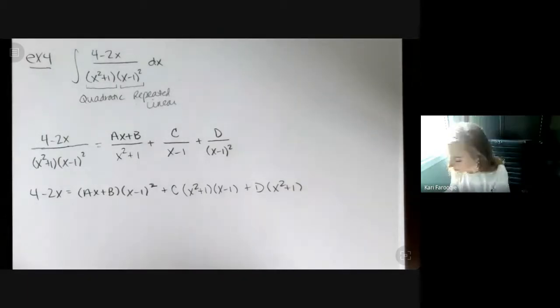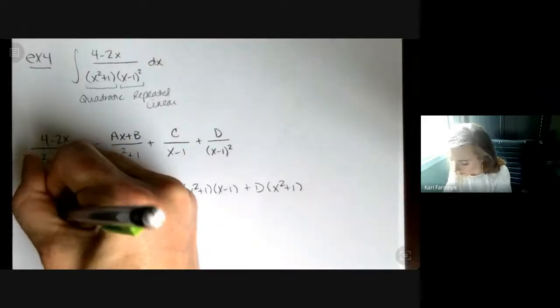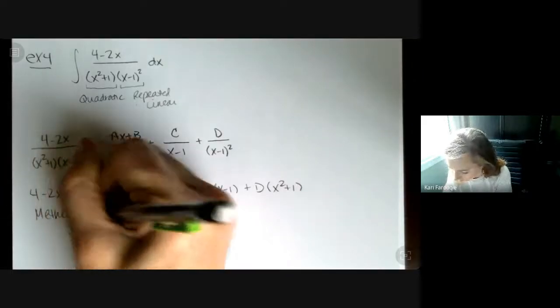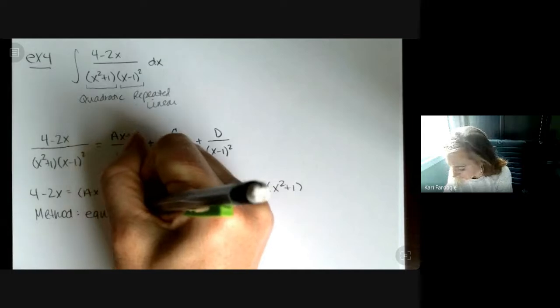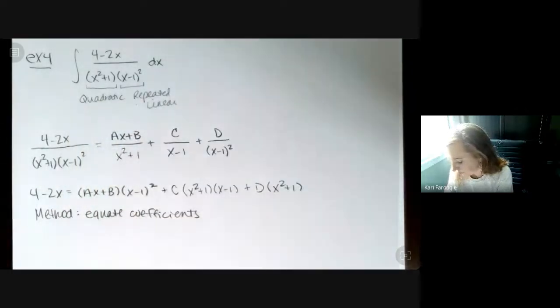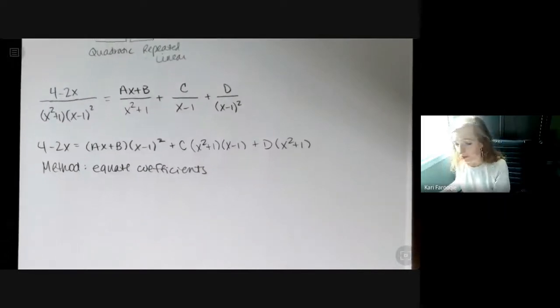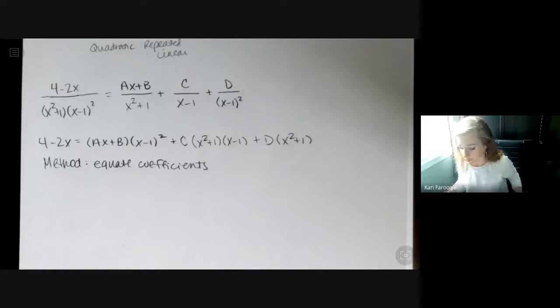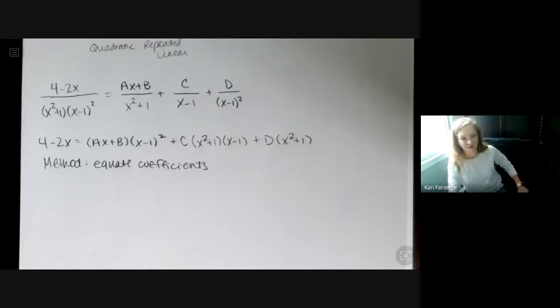So our method is going to be equating coefficients. The way that we're going to do this is also going to be kind of tedious, so be careful with your work here. But it will involve our calculators once we get to our tapping point at the end.